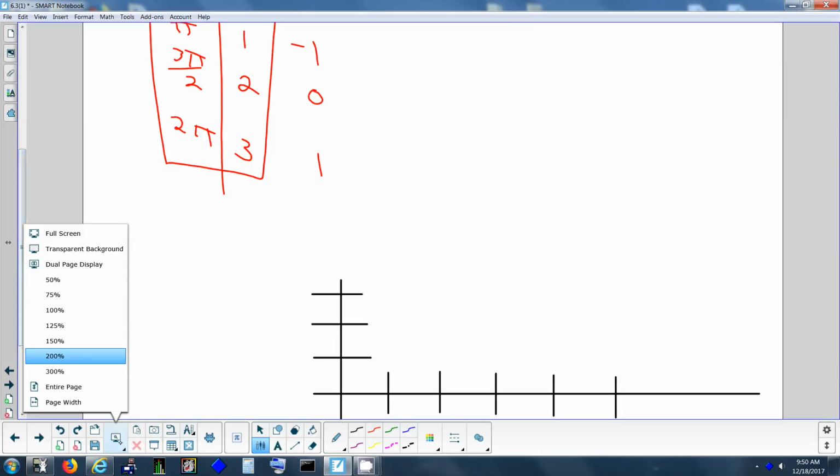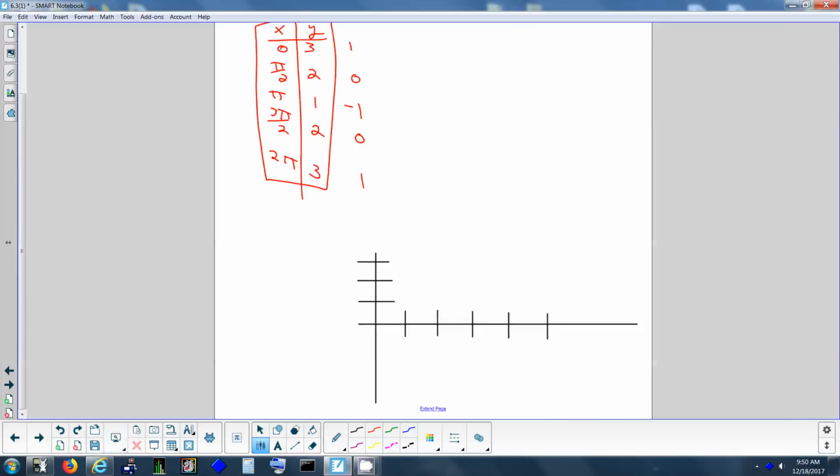For the sketch, we're going to label our y-axis. If you didn't, that would be okay because I'm going by ones anyway. But x-axis, if you don't put the labels, it would be wrong. So we got 0, which you don't have to label. I know 0 is the axis, but you can if you want.